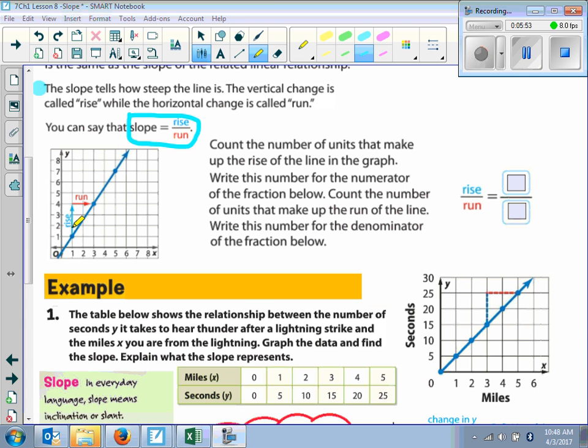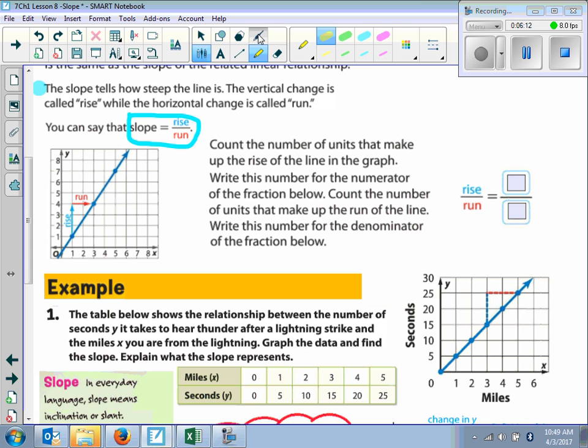So in this graph, here is the rise, here is the run. When we count the number of units that make up the rise, that goes in the numerator. And then we count the number that makes up the run, and that goes in the denominator.